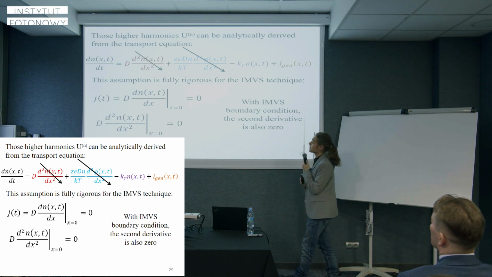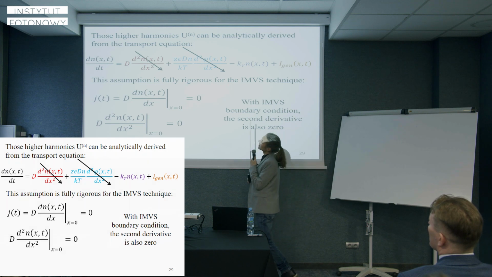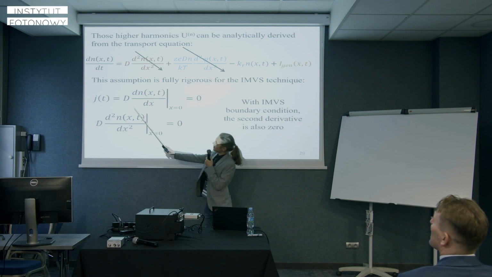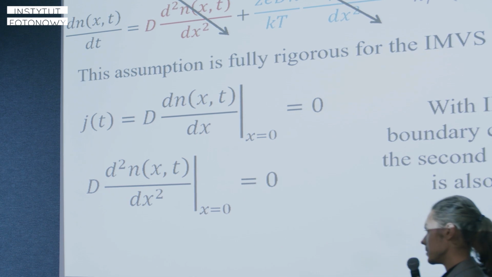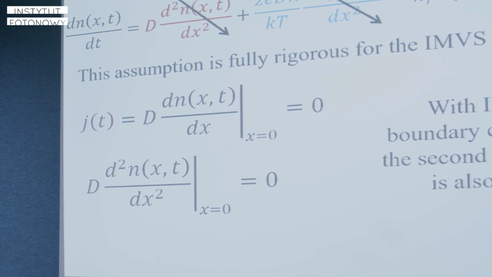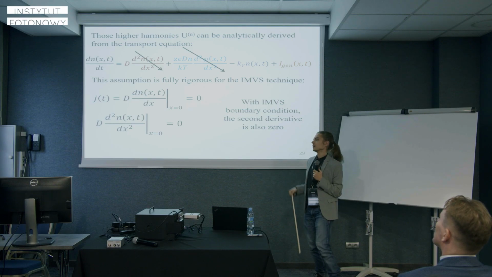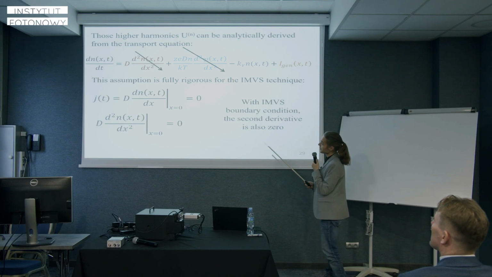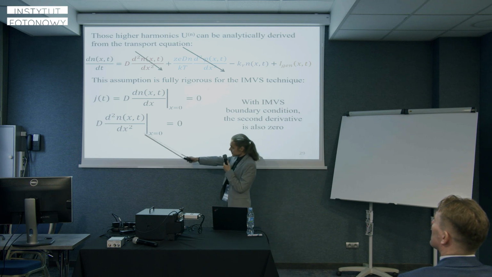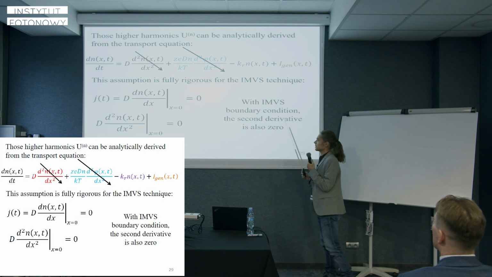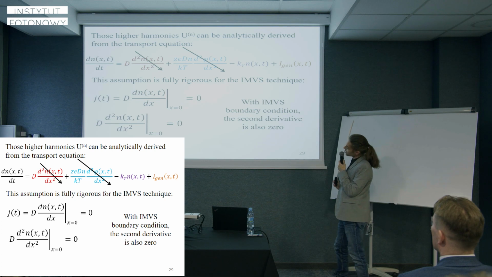Back to the main concept: the current is defined like this spatial derivative, and in IMVS it is equal to 0, because we have an open circuit potential. The circuit is open and the current is 0. Therefore, the second derivative must also be 0, so the derivative of F0 is again 0.